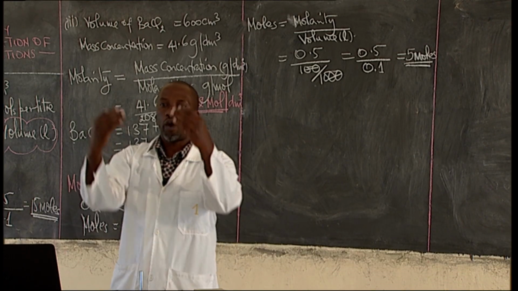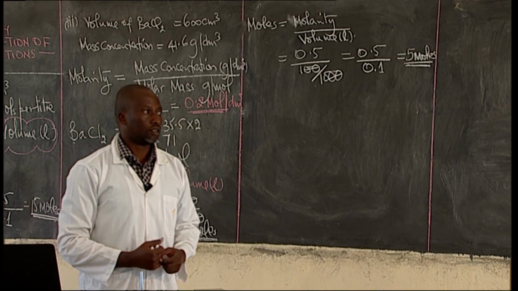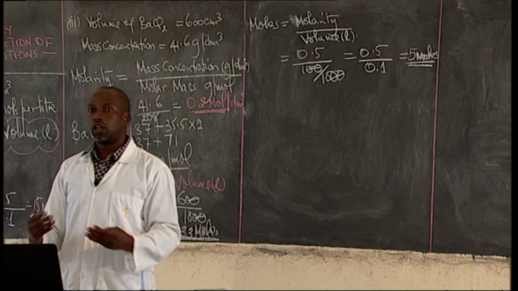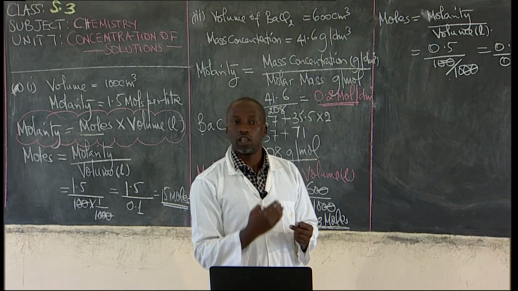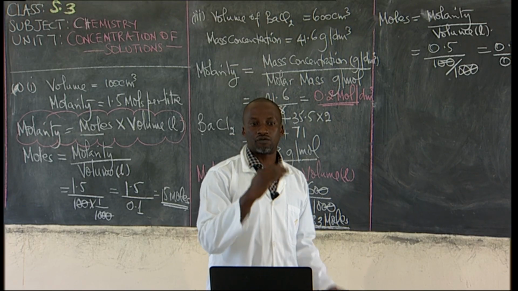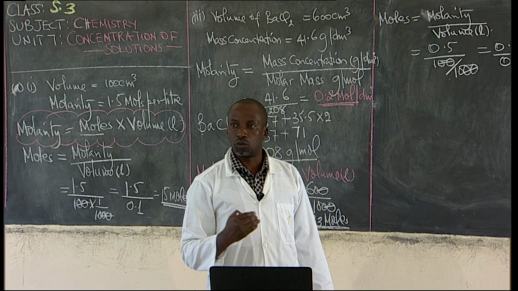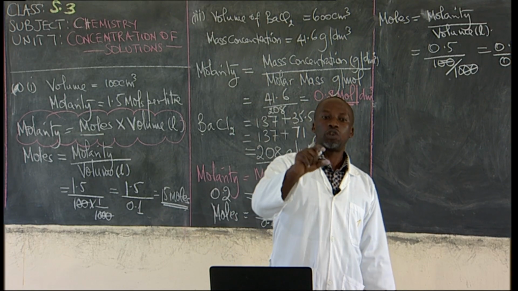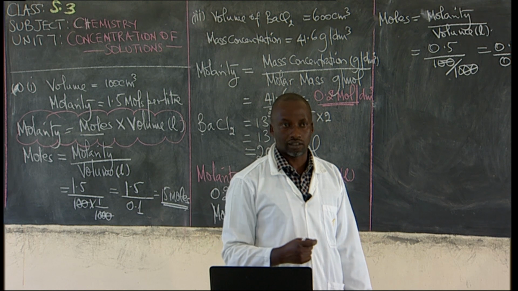The same way you do with the rest. If the volume is in decimeters cubed, you don't need to divide, because like for the last one, you see it is 5.4 decimeters cubed. Don't divide by 1,000. Why? Because it is already in liters.